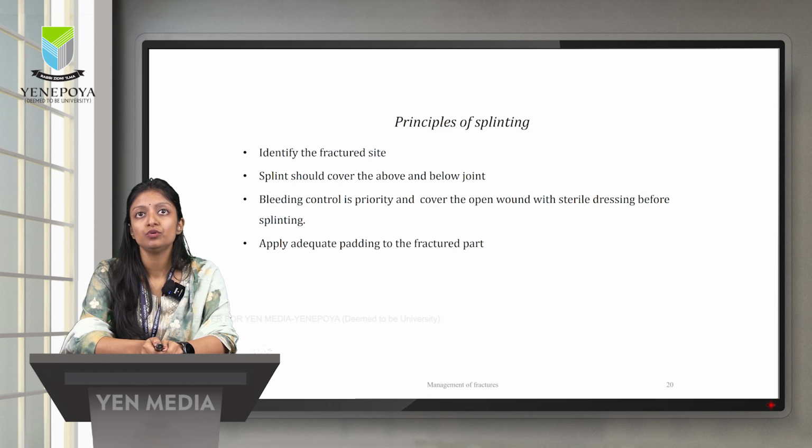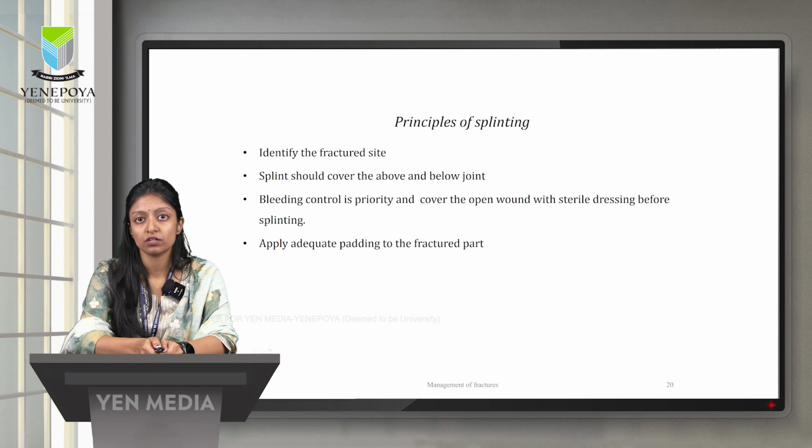Now we move on to principles of splinting. So, before proceeding to how to splint a patient, we need to know certain principles which will help us through the way. First, we need to identify the fractured site. This is important. Before identification, we cannot just splint the patient anywhere because it depends on a lot of things.